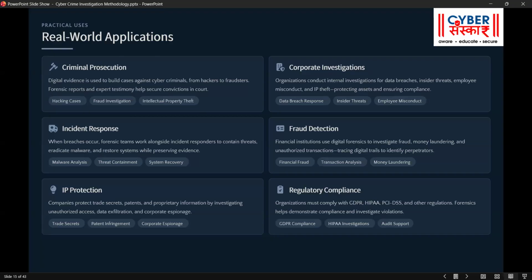Because they want their organization to continue working properly, they will first try to remove all those malwares and correct the systems, while simultaneously preserving the evidence separately, so that if the persons are caught, it can be produced in court also.